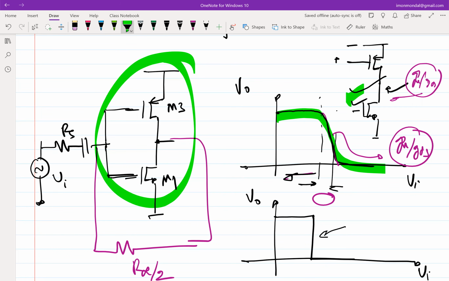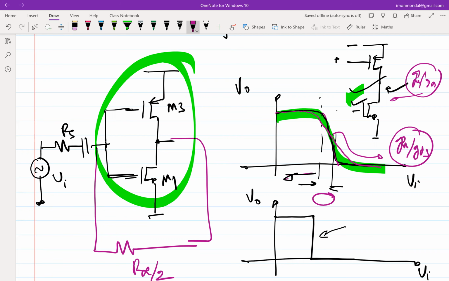If you consider the GDS of the PMOS, then the gain is half of the inverter. So it will become like this.